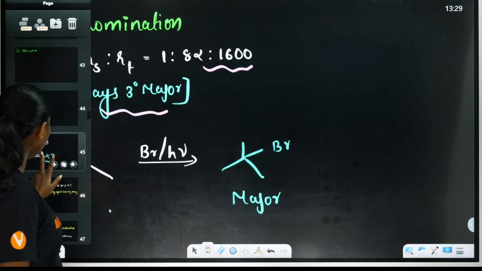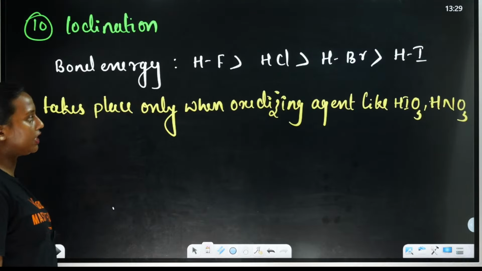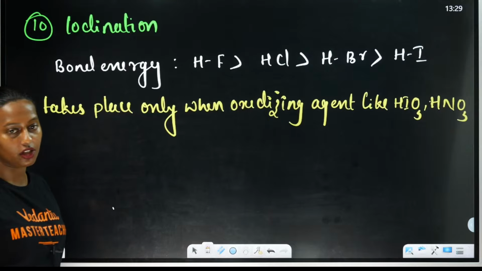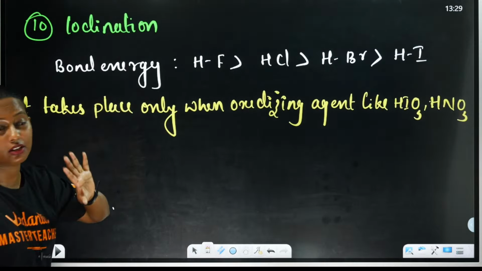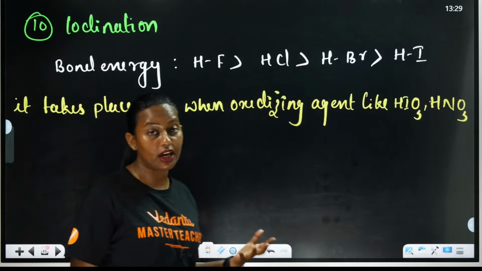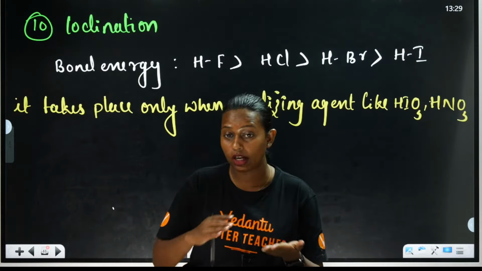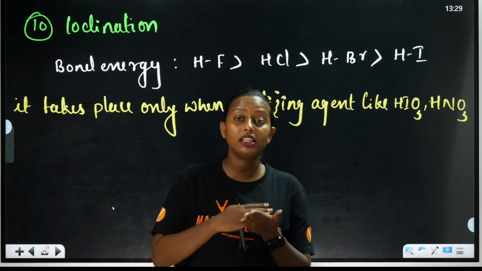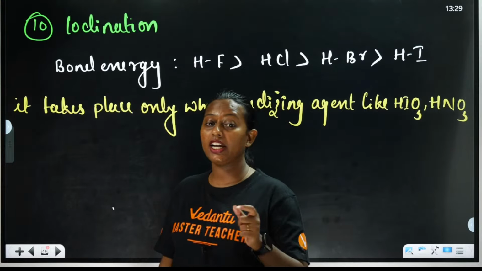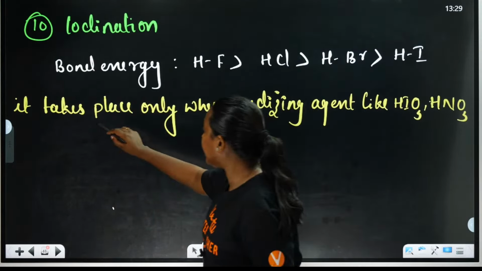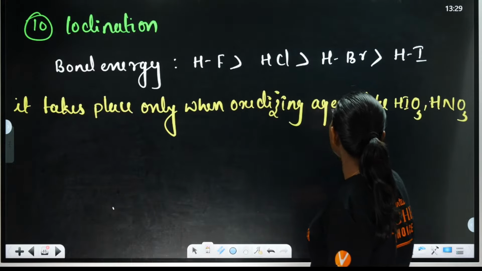Then we are moving to iodination. When you consider iodination, here bond energy enga irukum? Fluorine ku maximum bond energy, we know that. After that hydrogen chlorine, adukapram hydrogen bromine, adukapram hydrogen iodine varudhu. Hydrogen and iodine, so it takes place only with an oxidizing agent.